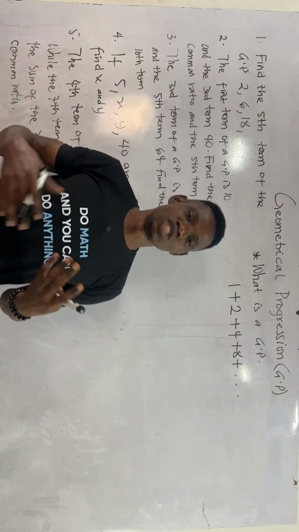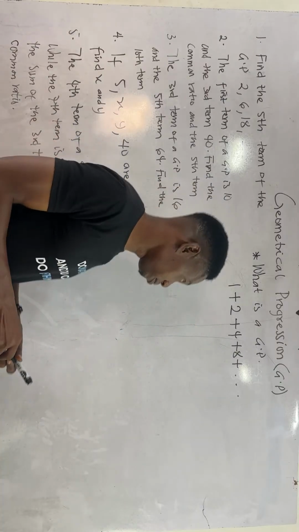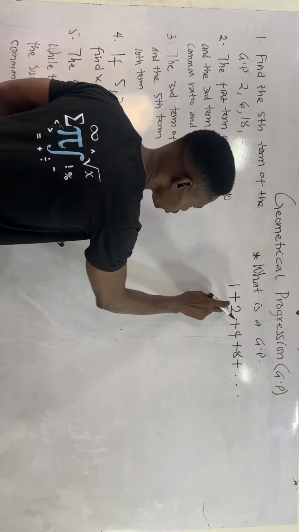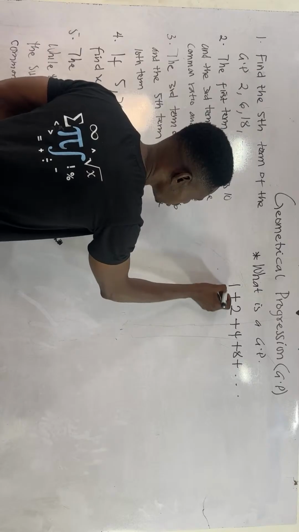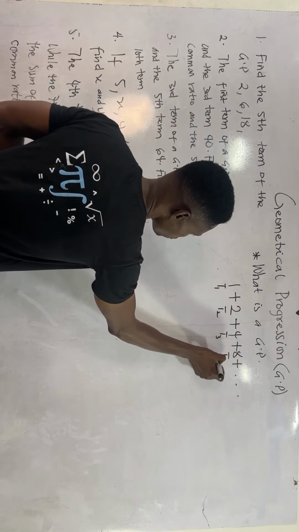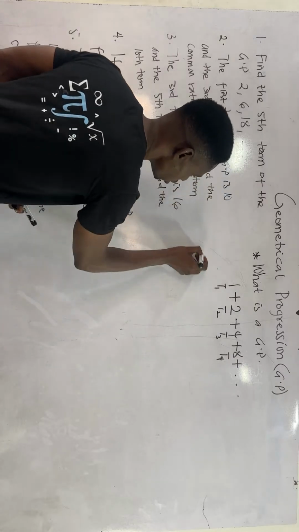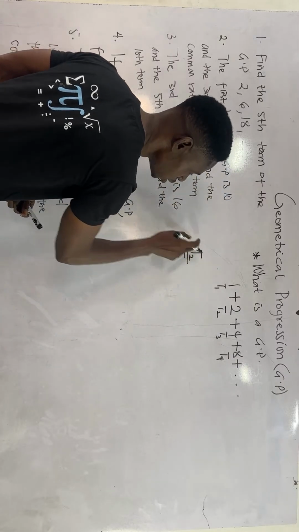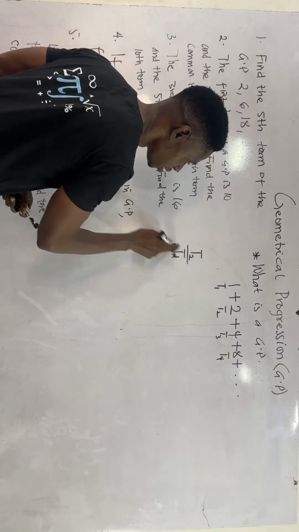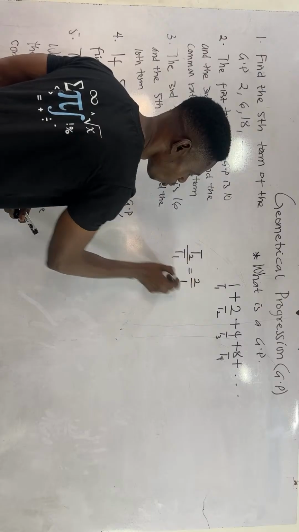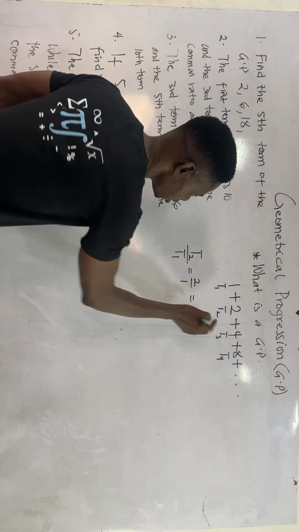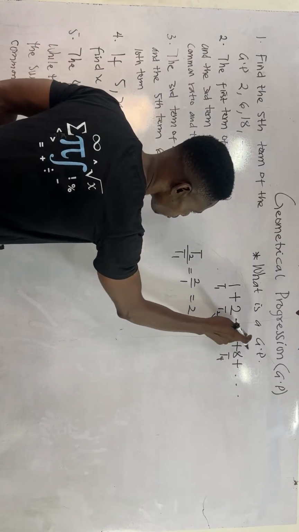Now let's see if it's a geometrical progression. Remember what I said, that the ratio, let's try. This is the first term, right? Second term, third term, fourth term, right? Let's go. T2 over T1, that's the ratio of the second term to the first term. So T2 over T1, that will be what? 2 over 1. The answer is what? 2, right? Two consecutive terms again, 4 and 2.